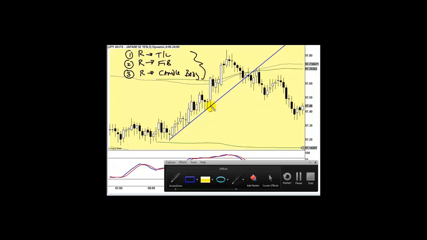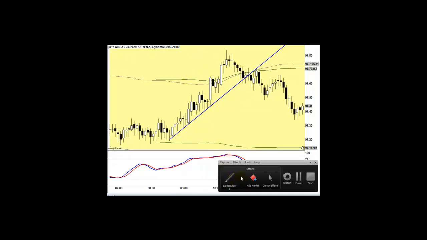So I've got the first example here, which is the retracement to the trend line. So this is what we're going to have a look at now. Now you can see right here that we have a trade entry. There's our trend line. We've gone from the bottom Bollinger Band to the top Bollinger Band, and we've got an overbought stochastic.